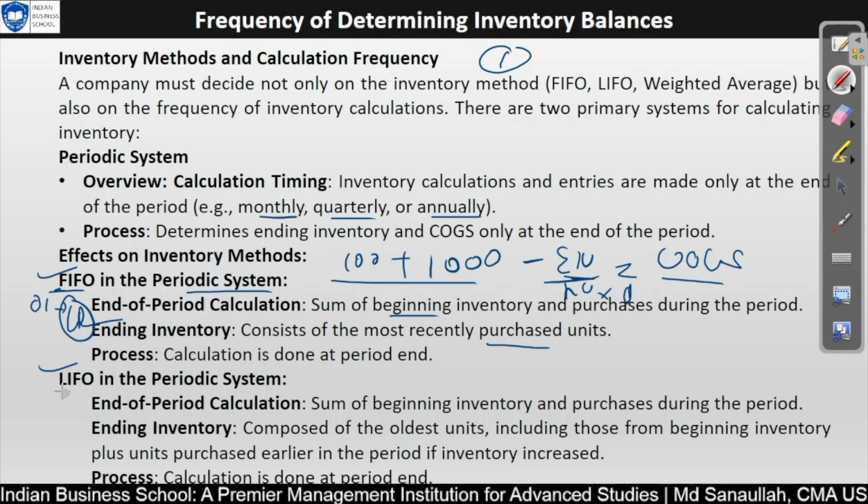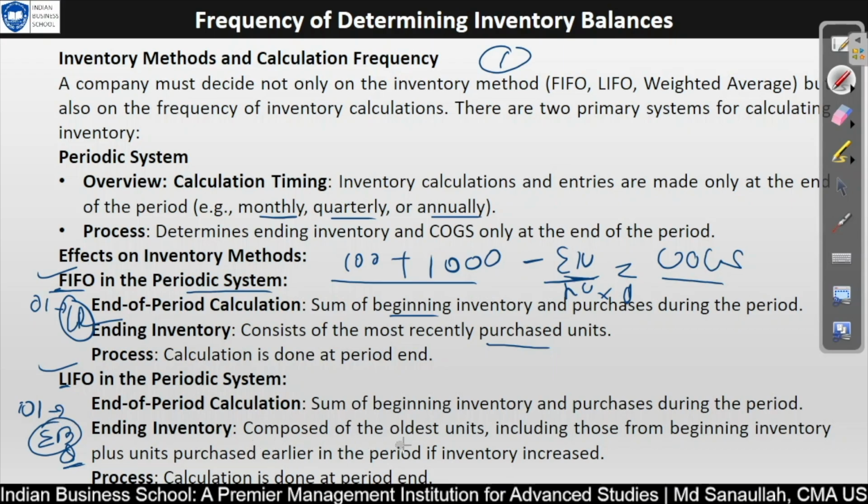Basically, with regard to LIFO, it is just the opposite of the latest inventory. You will be having the oldest inventory in our ending balance quantity. Whatever ending quantity of inventory we have will be the oldest inventory, so their price will be low.